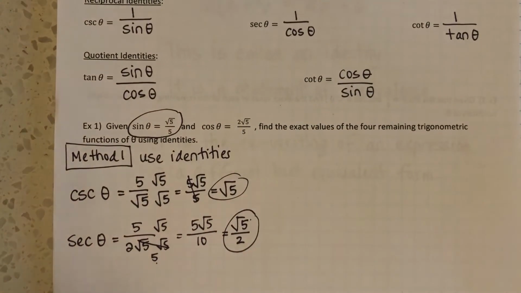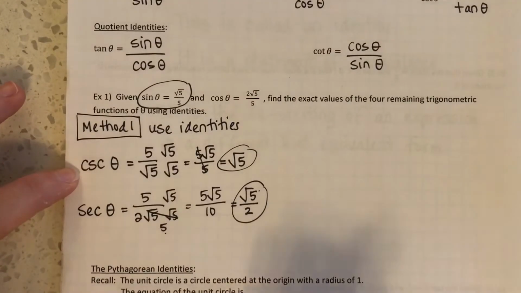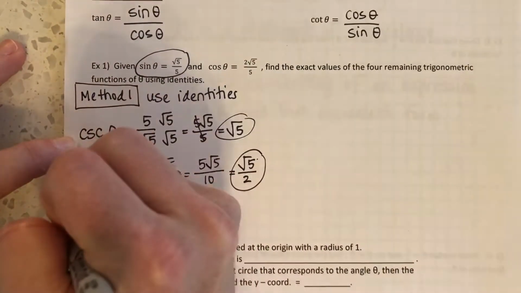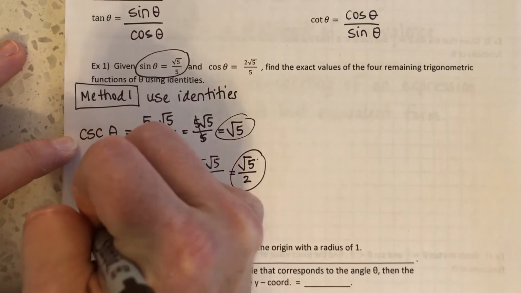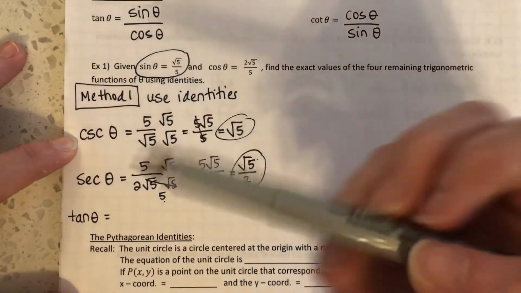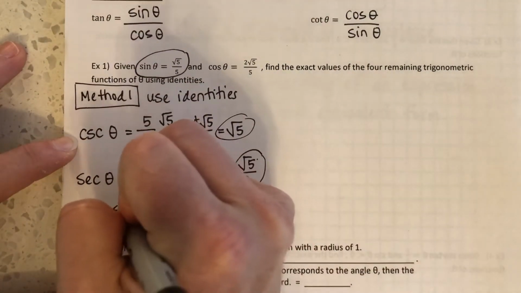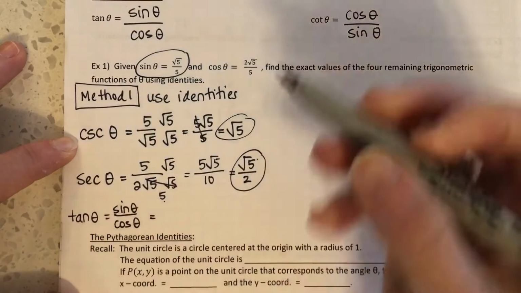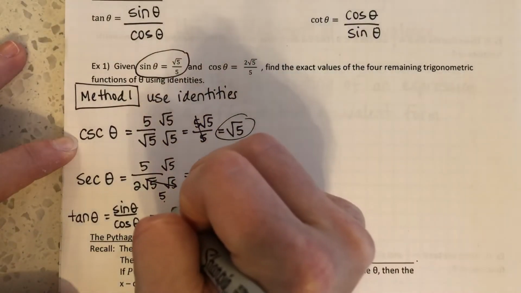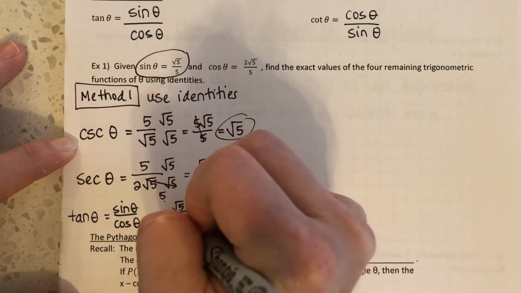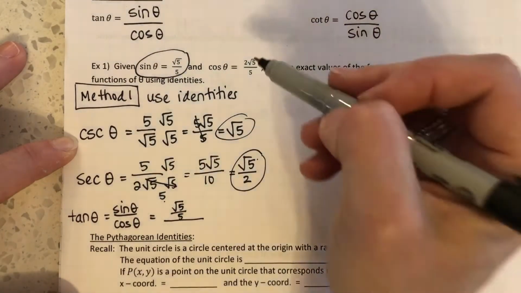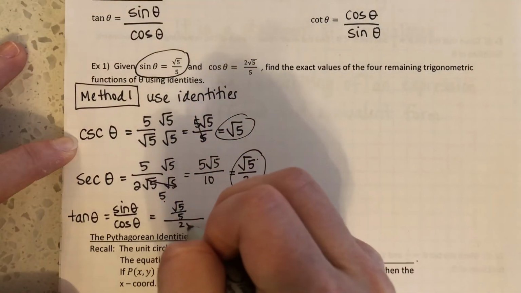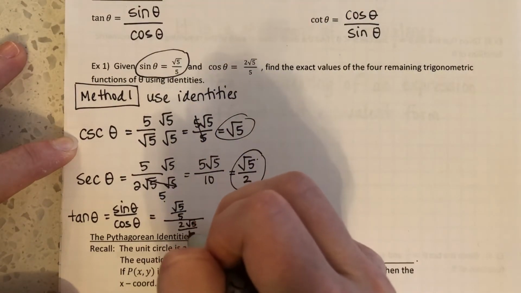So the only ones we're left to find are the tangent and the cotangent. Well, remember, tangent, by definition, is the sine over the cosine. So I can just take the sine function, root 5 over 5, and put that over the cosine, which is 2 root 5 over 5.